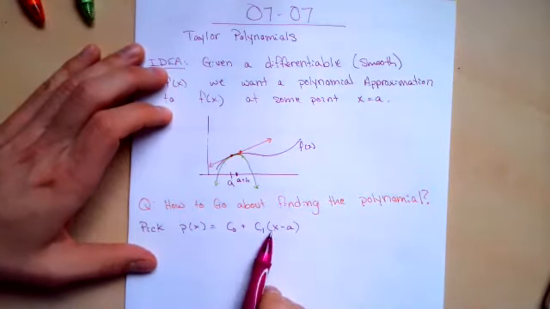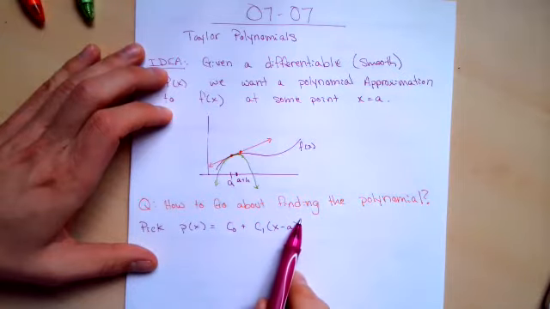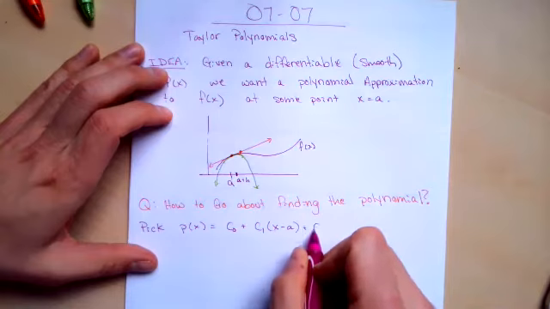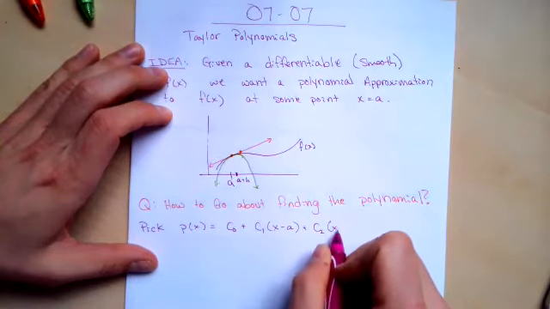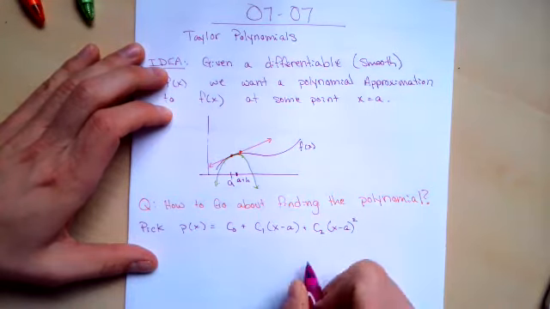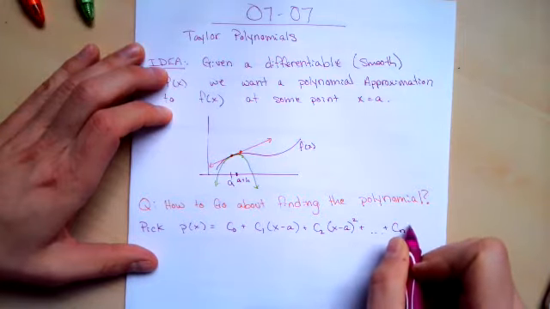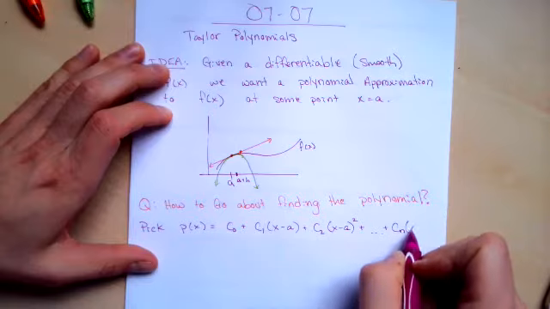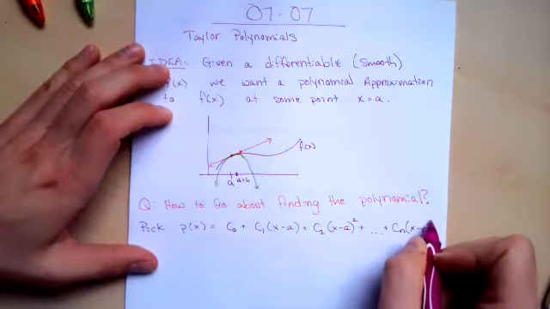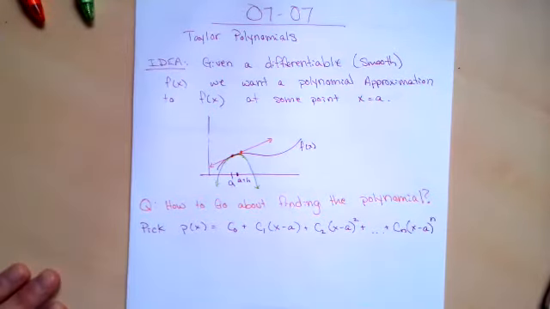And instead of C1 times x to the 1, I'll have it C1 times x minus a to the 1 plus C2 times x minus a squared. And I'm going to keep going up to however many degrees we want. In this case, let's say I want n degrees out of this polynomial.